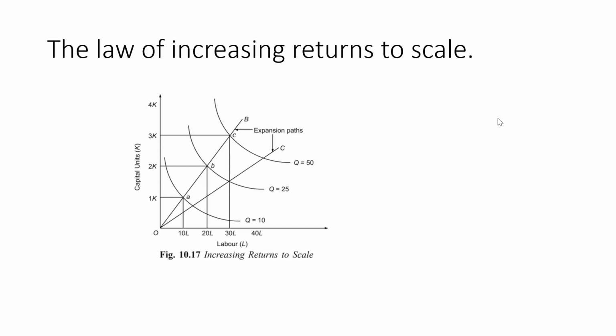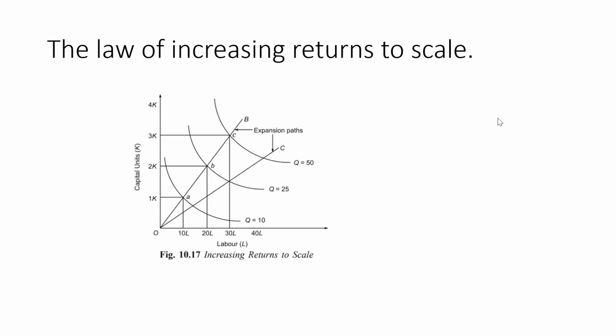The law of increasing returns to scale. So when we increase inputs K and L, that is capital and labor, proportionately, and the output increases more than proportionately, this shows the law of increasing returns to scale. If capital and labor are increased 2 times, that is, they are doubled, the resultant output is more than doubled.